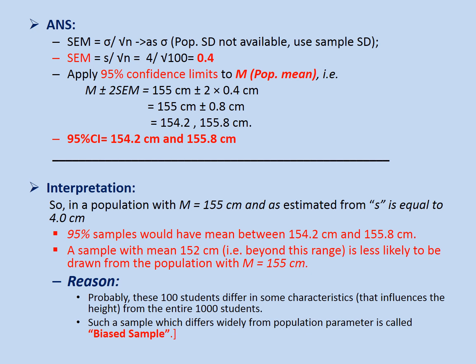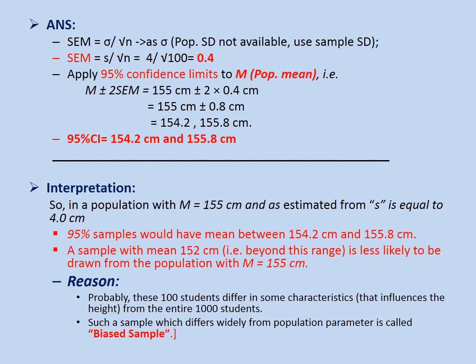Now what is the interpretation of this data? The interpretation is: in the whole population of all 1000 college students, the mean of that whole population is 155 centimeters, as estimated from S, where S stands for the standard deviation of the sample, which is 4 centimeters.